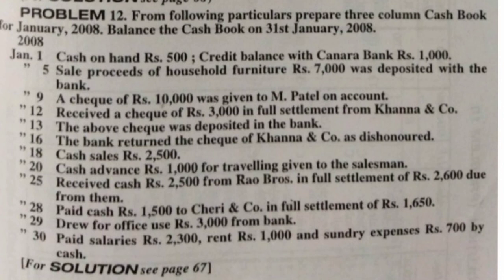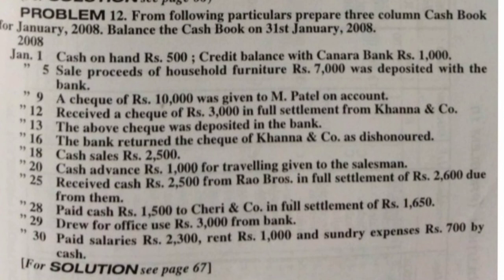Next one, paid salaries rupees 2300, rent 1000, sundry expenses 700 by cash. So the entries would be salaries account debit to cash account 2300, rent account debit to cash account 1000, sundry expenses account debit to cash account 700.